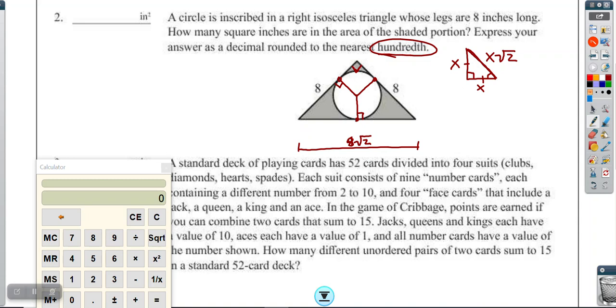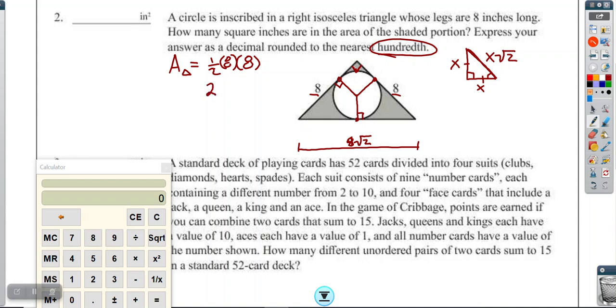So here's what I know. I know, because this is an isosceles right triangle, that we have our base, we have our height. So the area of the triangle is going to be equal to 1/2 times base times height. And so 1/2 of 8 times 8, well, 64 divided by 2 is 32.